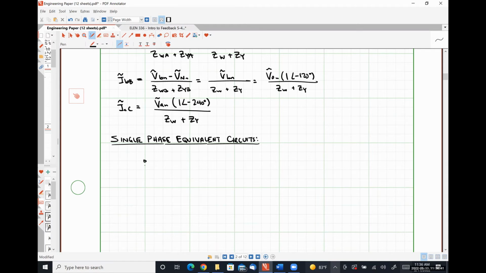So for our A-phase equivalent circuit, we'll have a source of VAN, our transmission line impedance ZW, our load impedance ZY, and then this is capital A terminal, this is lowercase n terminal, this is capital N terminal, and we can treat that connection like a short circuit.